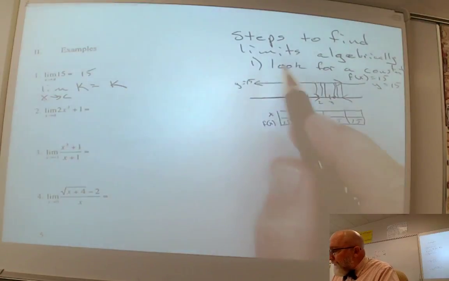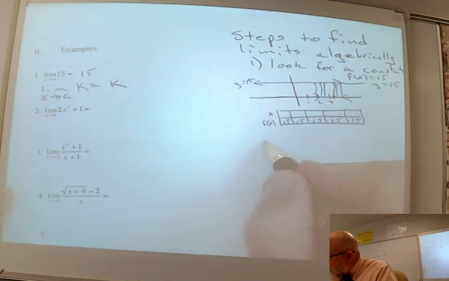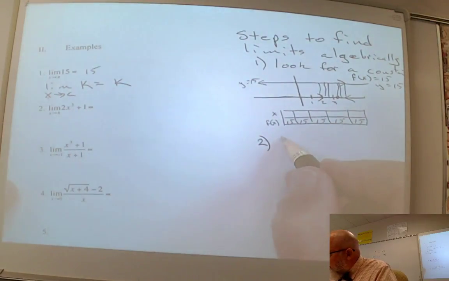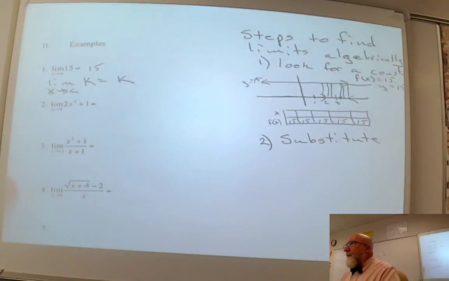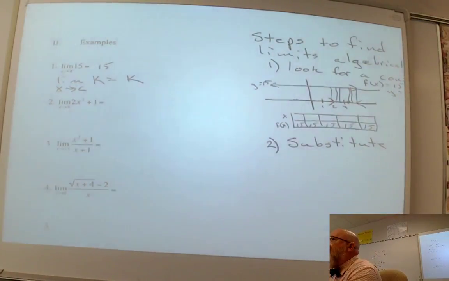So the easiest thing is look for a constant. 2, substitute. That's the second easiest thing. If it does not cause any problems, like division by 0, the square root of a negative number, then I can substitute.